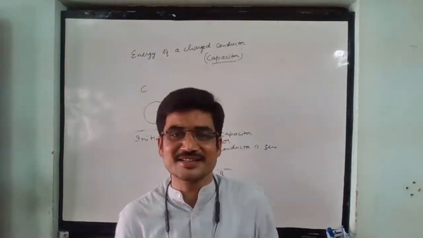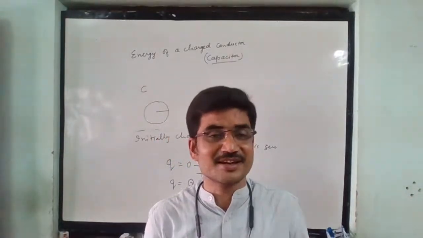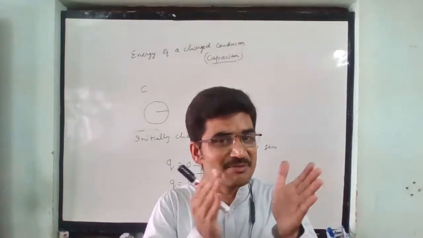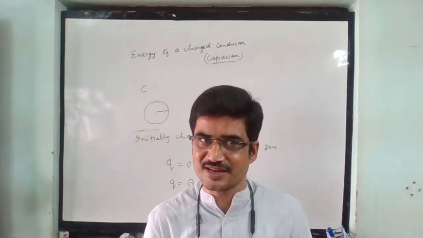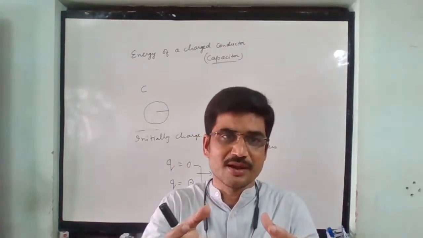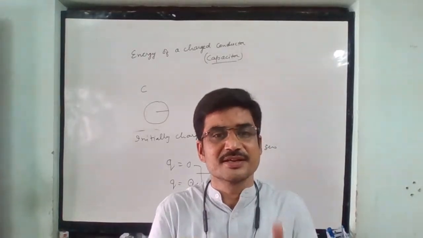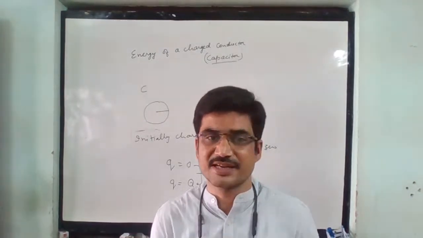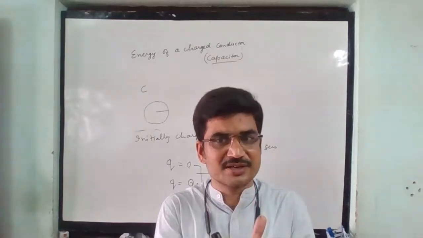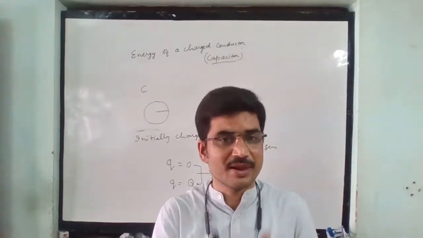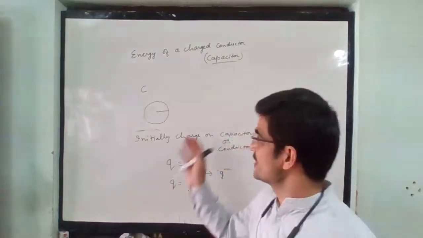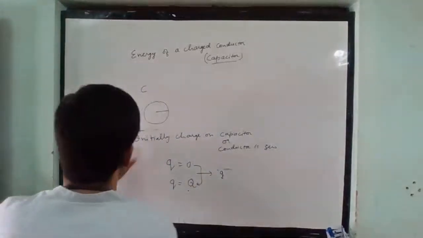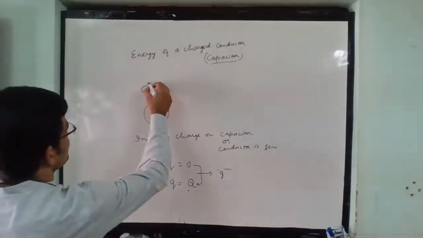The initial charge was 0, then we are charging the capacitor, and as you charge it, its potential will increase, and if the potential increases, it opposes further charge, and to further charge it, some extra potential difference is needed, and because of that, some work is done. That work is stored in the form of electropotential energy within the conductor. So that we have to derive. So let us consider a conductor. Its capacity is C.